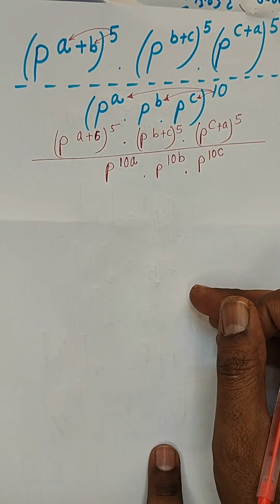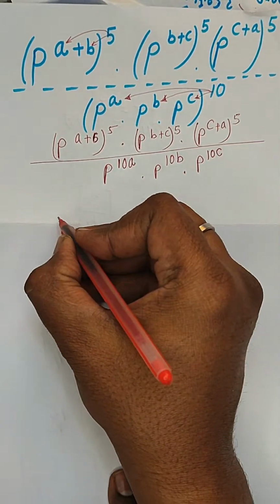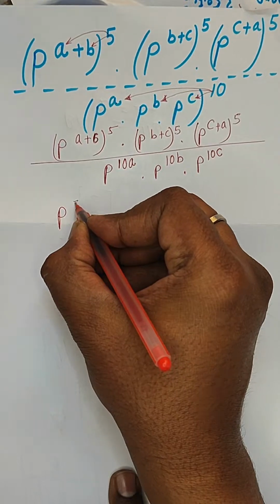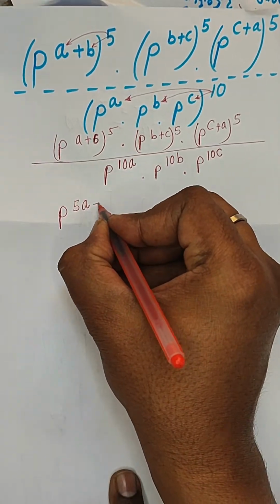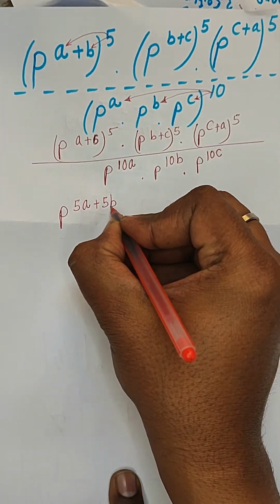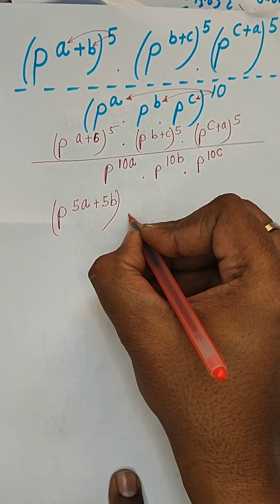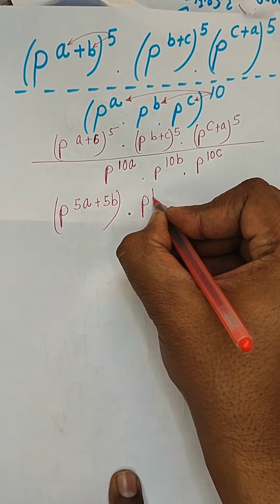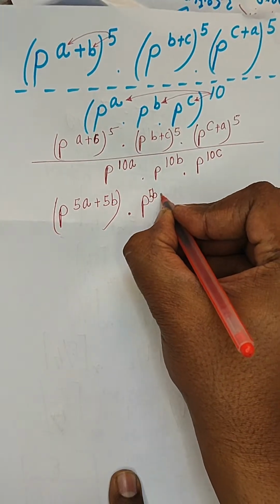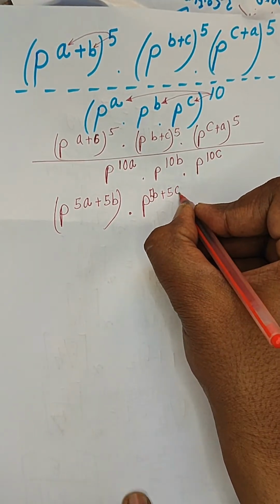If this is the case, my dear friends, then in the next step we can write p^(5a+5b) in the numerator, and in the second term p^(5b+5c).